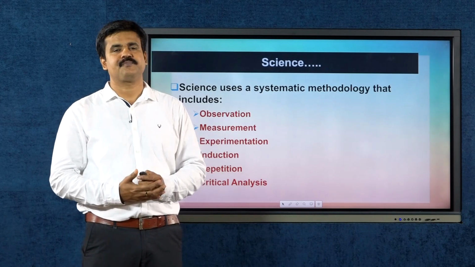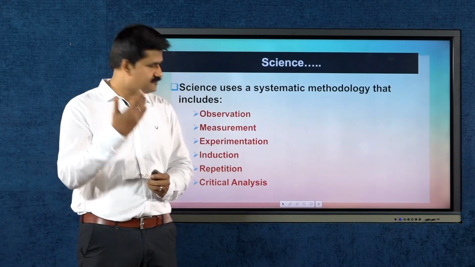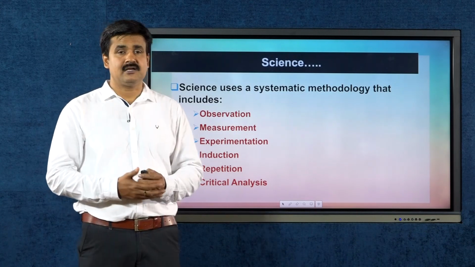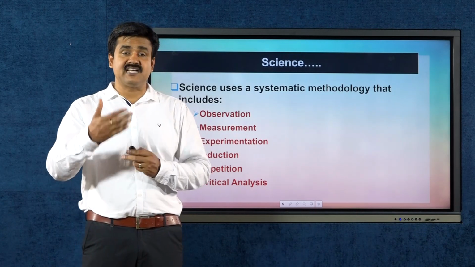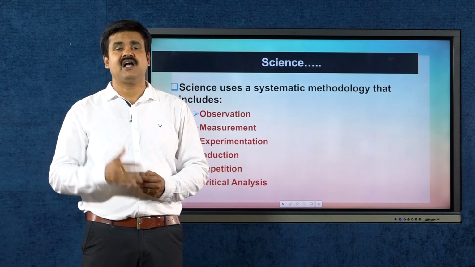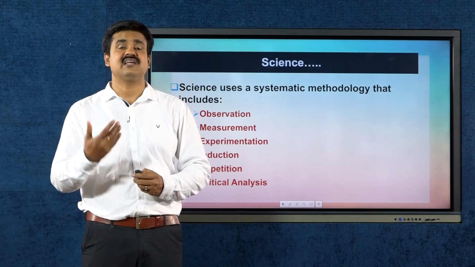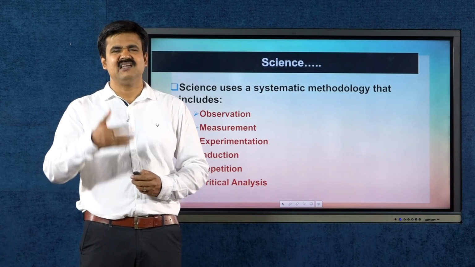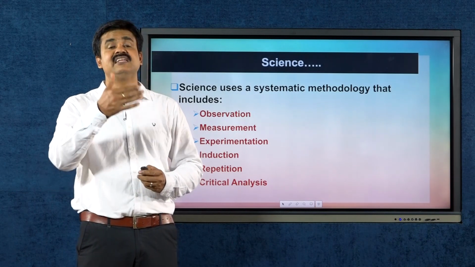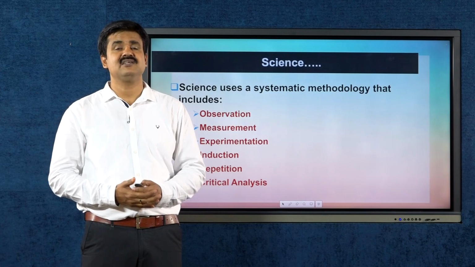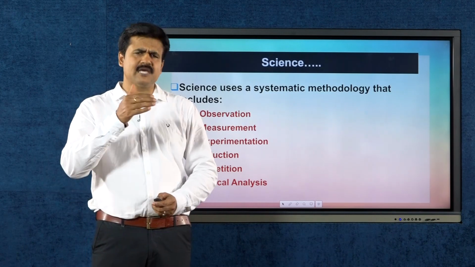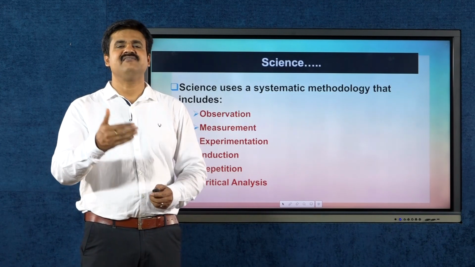Observation is there, measurement, experimentation, induction, again doing the experiment, that is nothing but repetition, and critical analysis of the data obtained after the experiment. These are various stages in the systematic methodology of science. We can move on to each and every stage in detail.